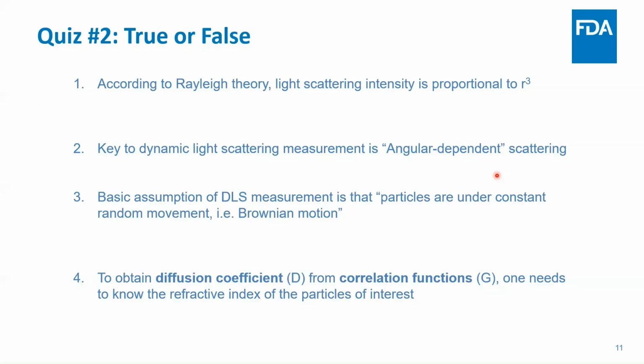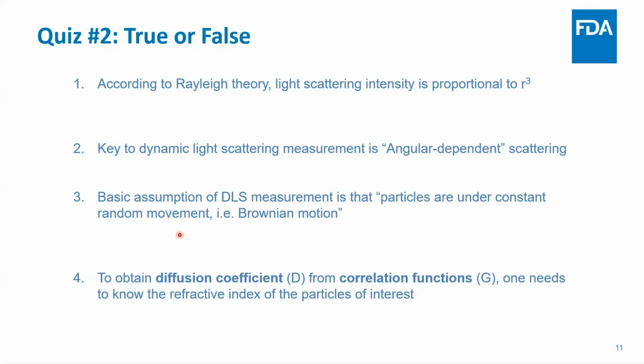Now if I ask that question again, is it angular dependent or is it time dependent? Okay, great. So basically we're not measuring it at multiple angles. There may be some angular dependence depending on how big the particles are, but for DLS, you're measuring at a single angle and just looking at fluctuations over time. So the dynamic comes from time dependence, not angular dependence.